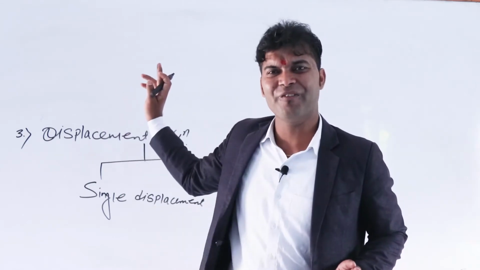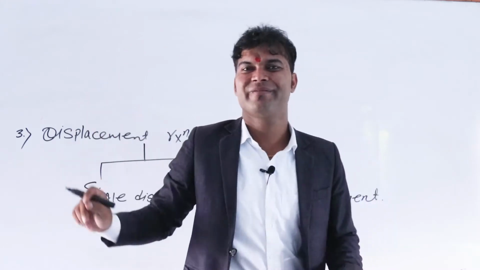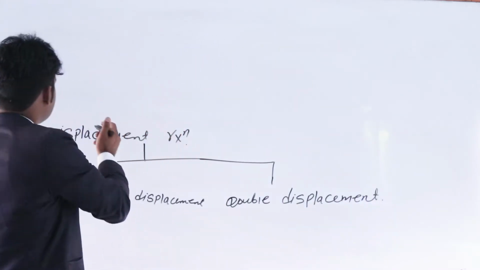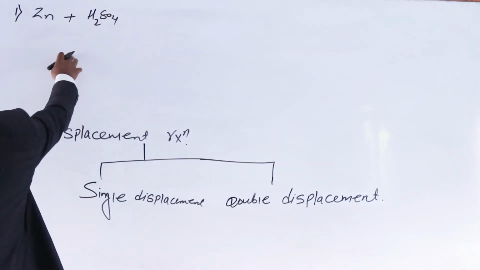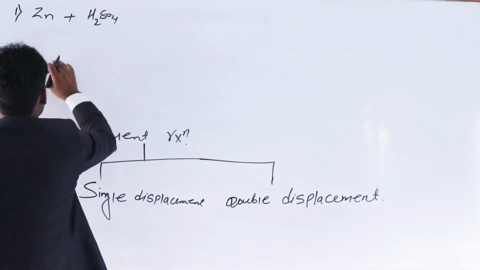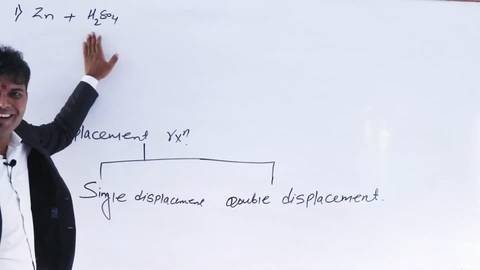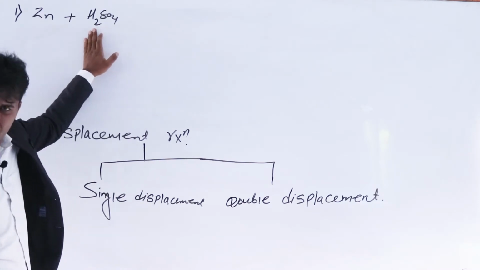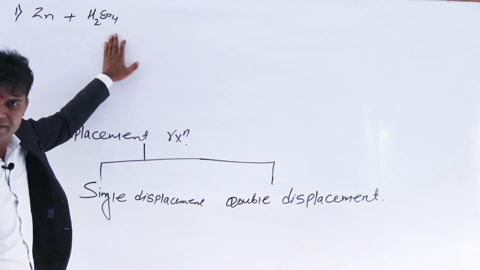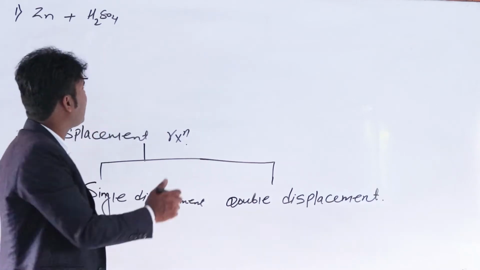Let's discuss from an example: Zn plus H2SO4. Do you know the name of this compound? Zn means zinc. H2SO4 means sulfuric acid: H2 hydrogen, SO4 sulfate.